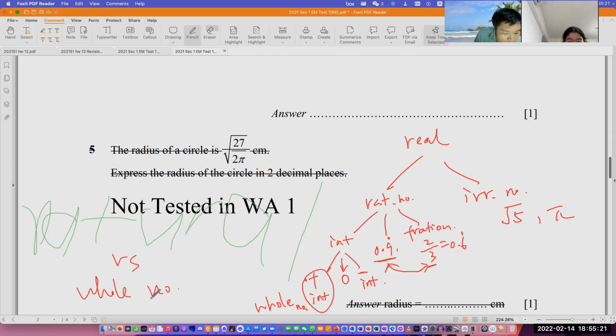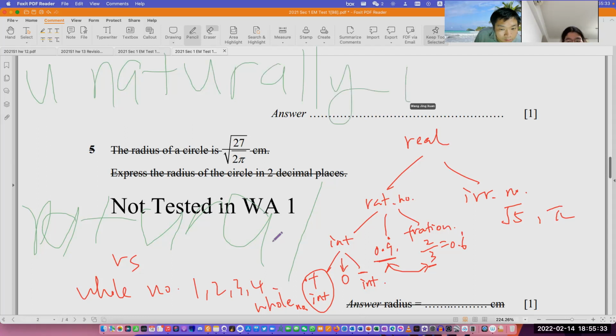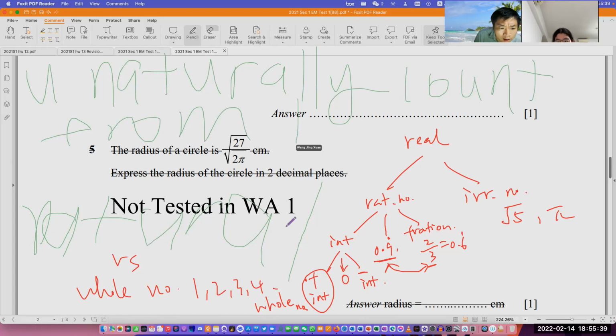So whole number is 1, 2, 3, 4, on and on, right? Then natural number, which one is unnatural? Okay, count from 1. So 1 is natural or not natural?